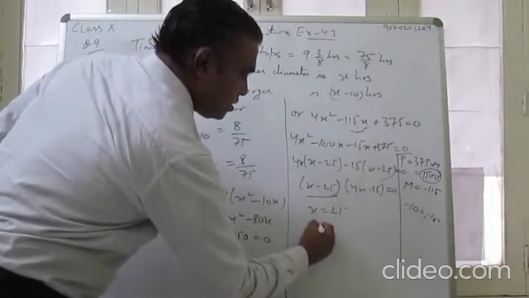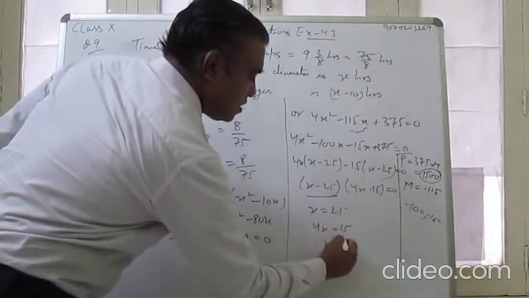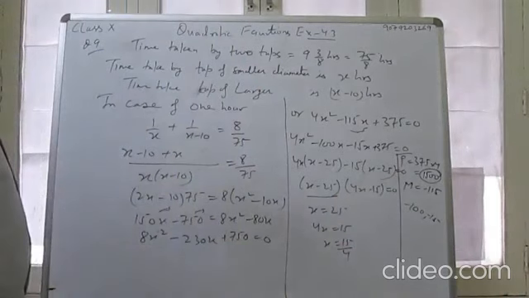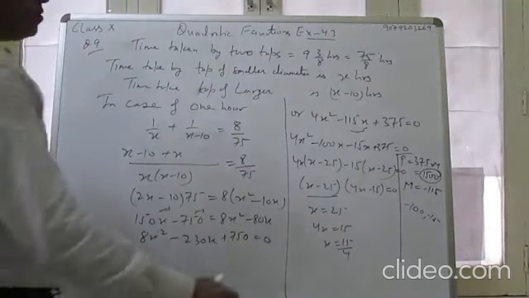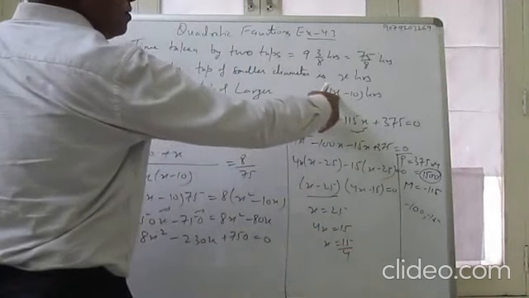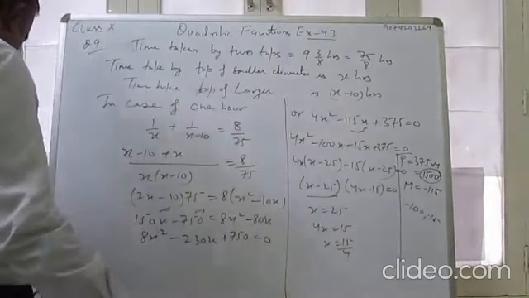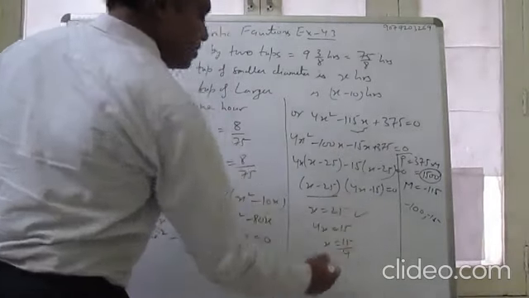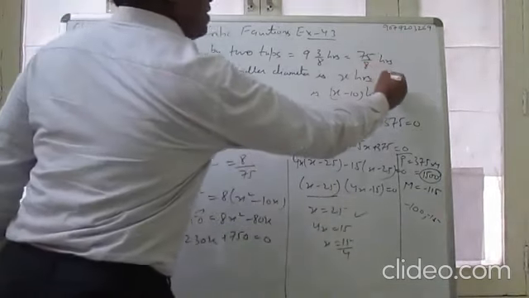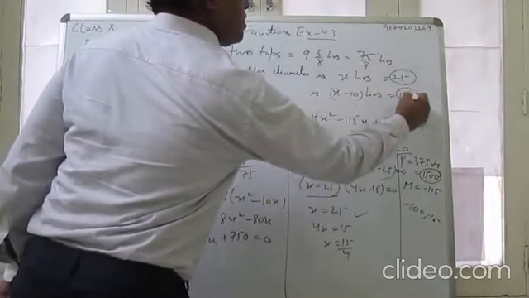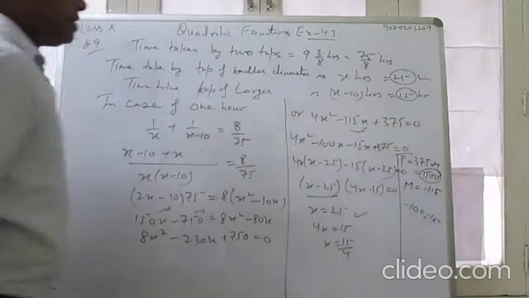Next 4x is equal to 15, so x is equal to 15 upon 4. If I take x is equal to 15 upon 4, this is refused, so you will take x is equal to 25. So x is equal to 25 hours for the smaller tap and 15 hours for the larger tap.